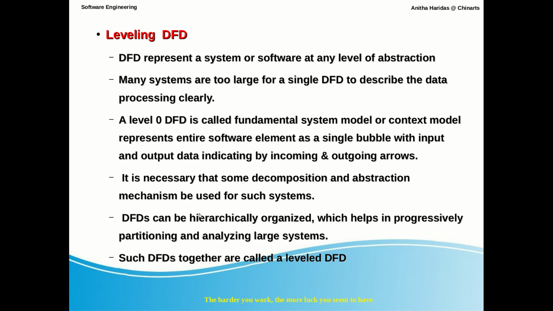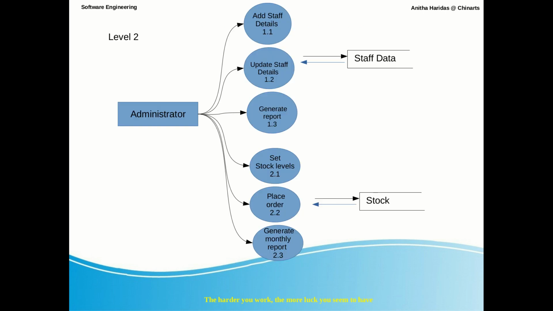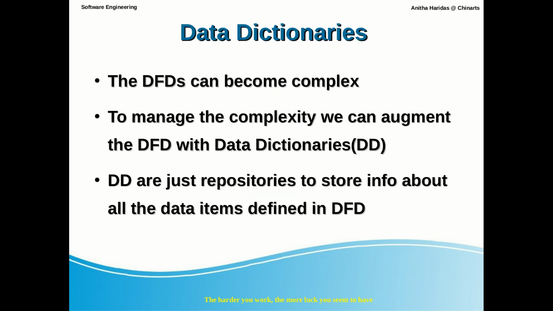So you are going to hierarchically organize it by partitioning and analyzing the large systems, so that if decomposition is required, you take it to the next level. So collecting all these different levels of DFDs is called as leveled data flow diagram. We have seen this example how leveling can be done. So that's what you have to understand in data flow diagram.